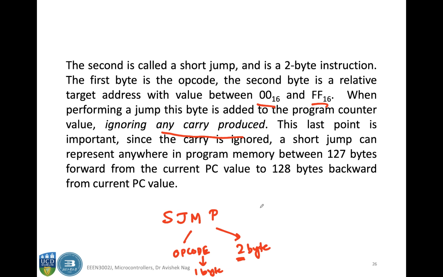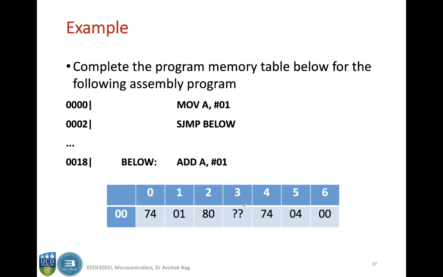Okay, so let's see with an example. Let's say you have a code like this. It starts from 0000 and then at 0002 you have this short jump. So 0000 is move A with 01. The opcode for this is 74.